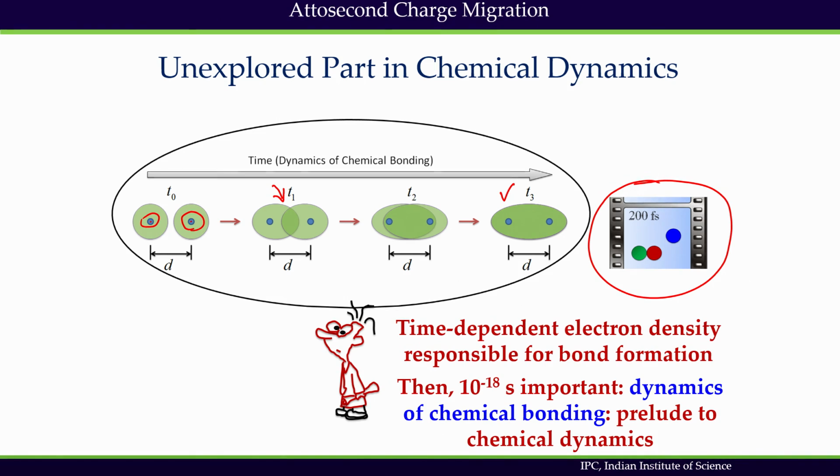It is the electron density which starts moving, and attosecond chemical dynamics will involve only that part. If we specify that part as chemical bonding, it is nothing but chemical bonding which we can see in 10 to the power minus 18 second. It is nothing but the prelude to chemical dynamics.